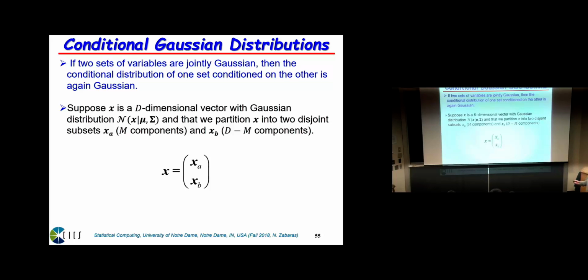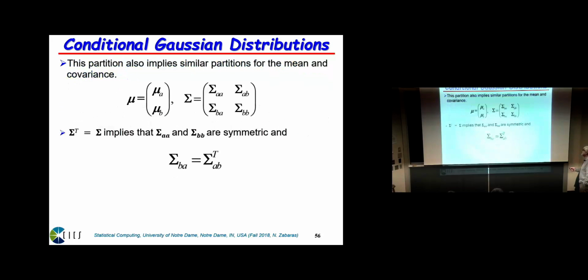The idea here was: if we have a multivariate Gaussian and we split x in two parts, can we conveniently write the marginal and conditional distributions in terms of the information that we provide in mu and sigma? The answer is yes.